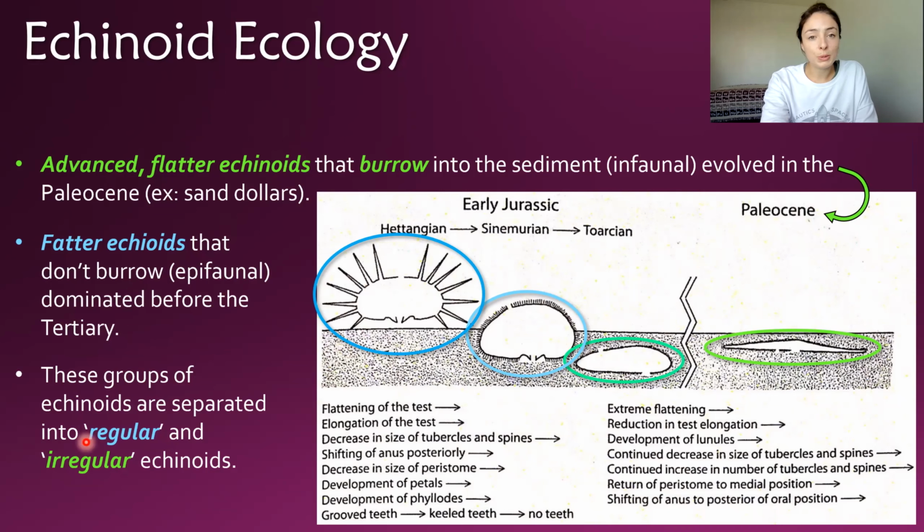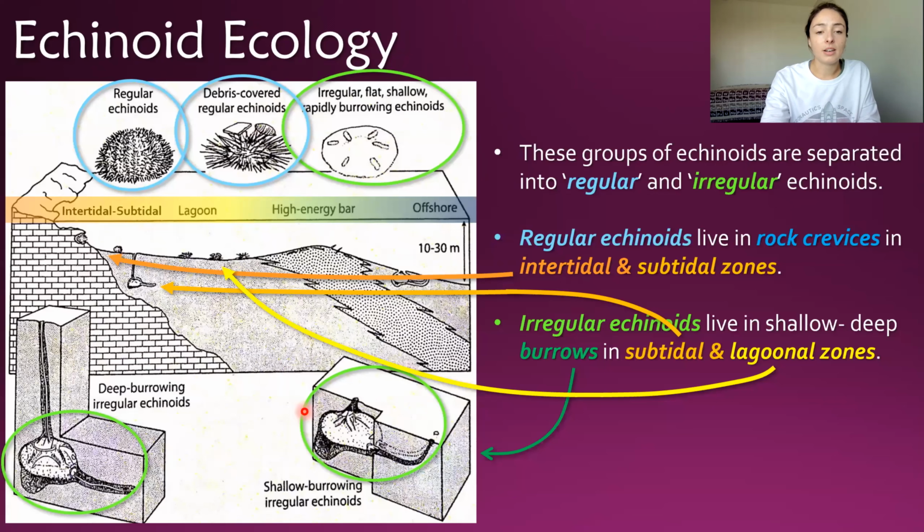And these groups of echinoids, fat versus flat, equate to what we call regular and irregular echinoids. And the regular ones are the fatter ones, and the irregular ones are flatter, even though that's not irregular, it's just that it evolved later. And they also differentiate themselves based on environment. And this is where we get into ecology. So as we can see, these regular and irregular echinoids separate themselves based on environment.